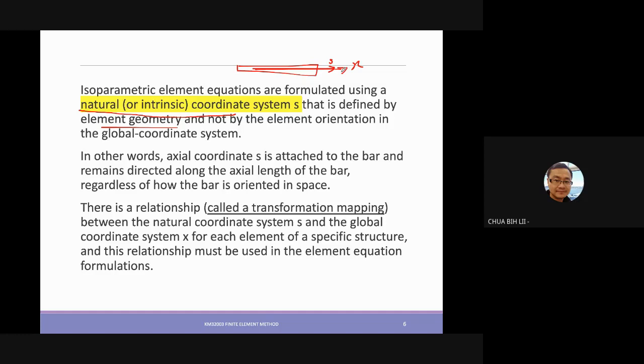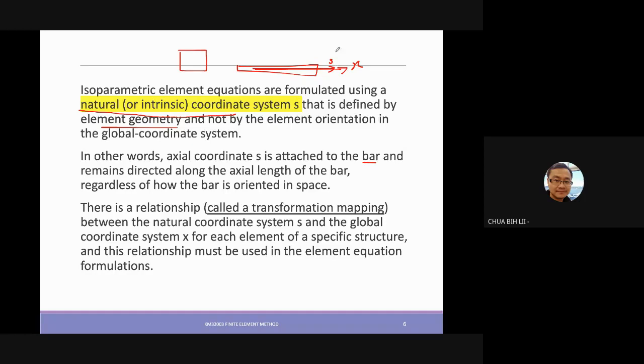So in the bar type of axial coordinates, you may not see the real benefits. It's still the same, as it only depends on S, now converted from X to S. You would see the benefits later on, when we move into a higher order type, or a Q4 type of element, which we'll discuss later as well.